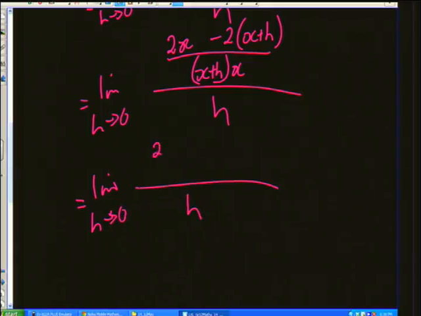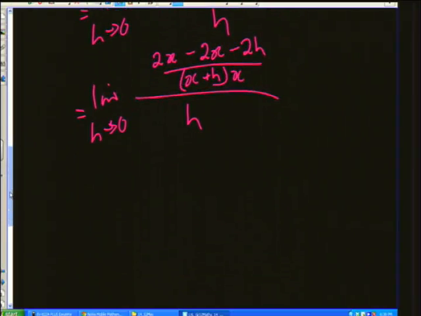Then we're going to say 2x minus 2x minus 2h over x plus h, in brackets, x. It's still looking a bit messy. What am I going to do? What I've got to remember is the rule of tip and times. So what I really want to get to the point is cancelling out the h in the denominator. And that's exactly what I'm going to try and do right now.